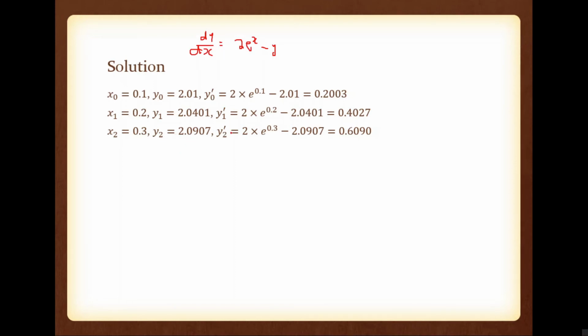So y2 dash is 2 into e raised to 0.3 minus 2.0907, which is 0.6090. Now x3 is equal to 0.4, y3 is equal to 2.1621. So y3 dash is 2 into e raised to 0.4 minus 2.1621, which is 0.8215. I think you all got the same answer.